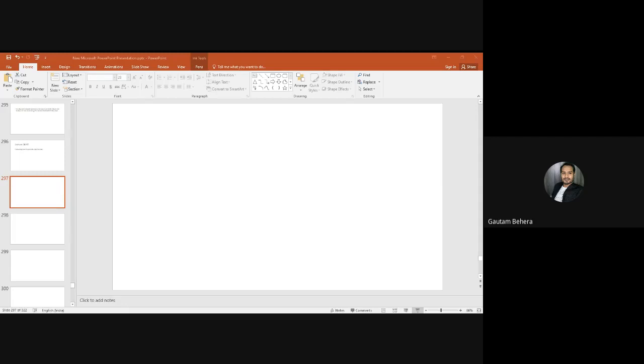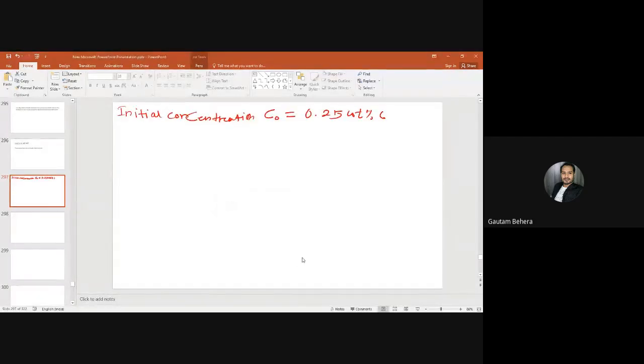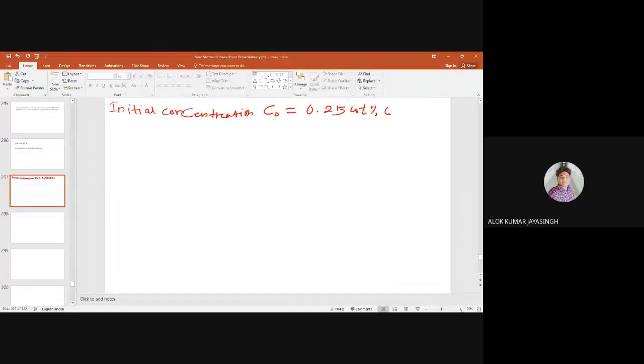And what else is given? Sir, can you listen? It is not visible. Okay, let me keep the annotation on. Now it is visible. So the initial concentration of carbon in the steel is given, that is 0.25 weight percentage of carbon.